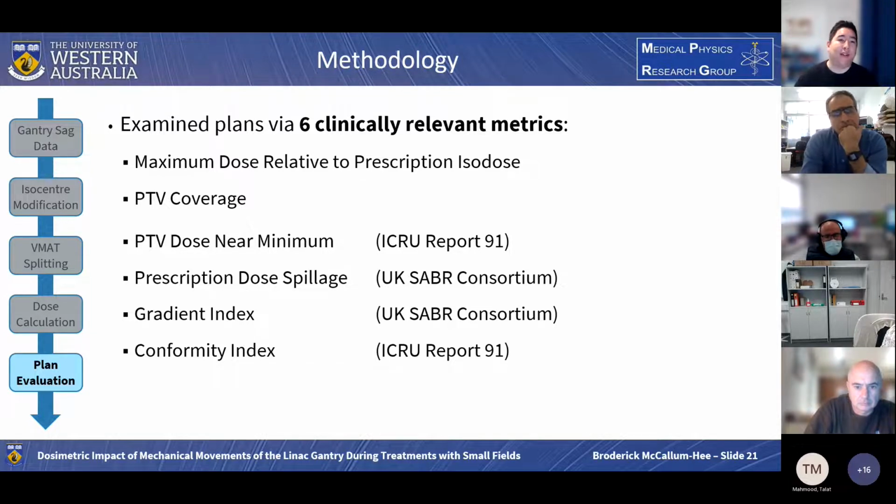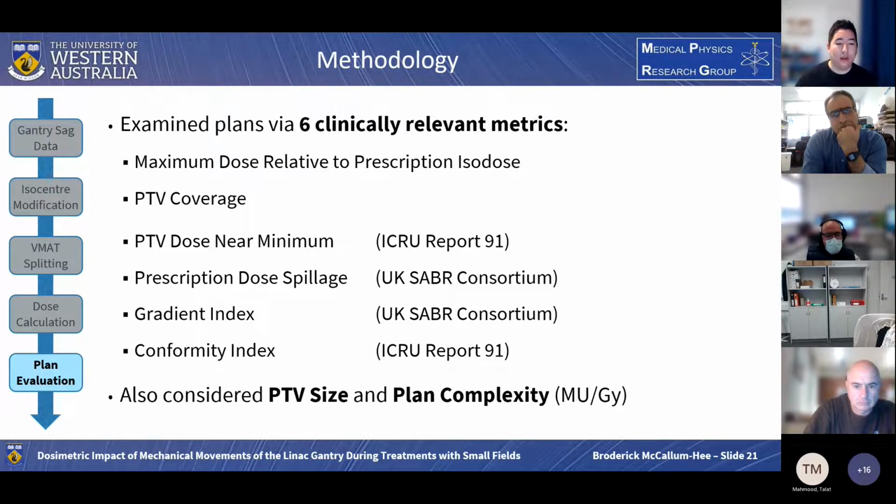For those metrics where there is some variation in definition in literature, and depending on the source you may have slightly different variants of the metric, I've highlighted where the definition used is from, and that was from the ICRU Report 91 and the UK SABR Consortium. Additionally, I also considered PTV size and plan complexity in MU per gray for each of these metrics.